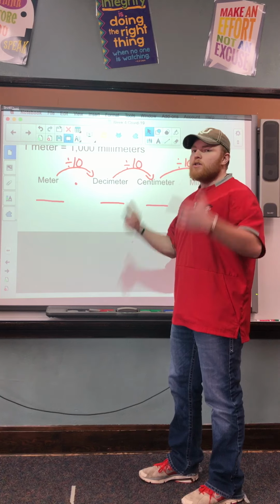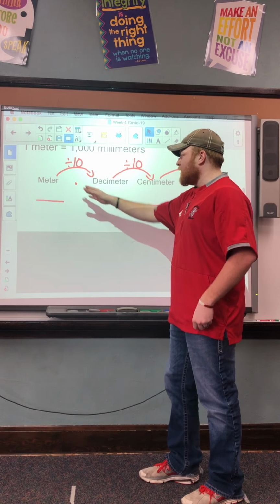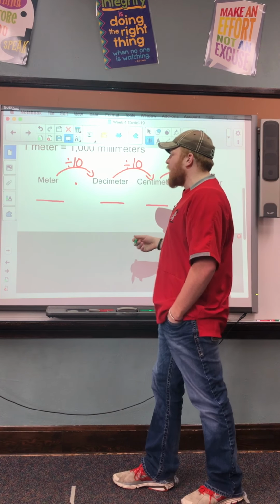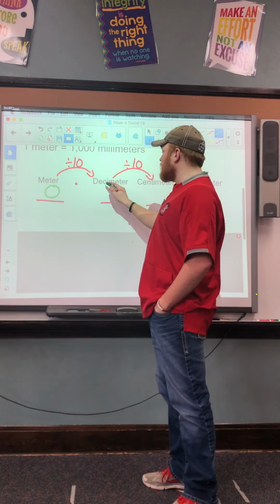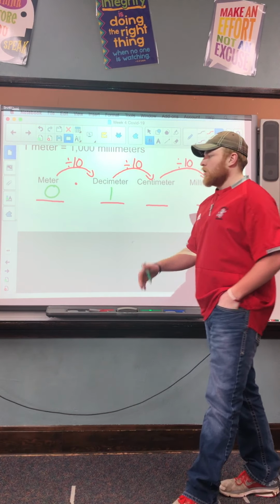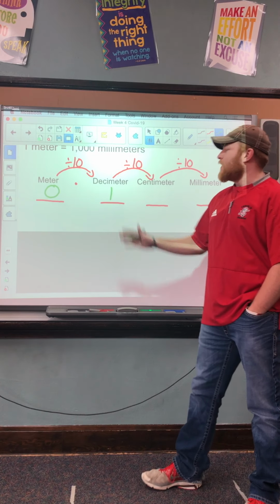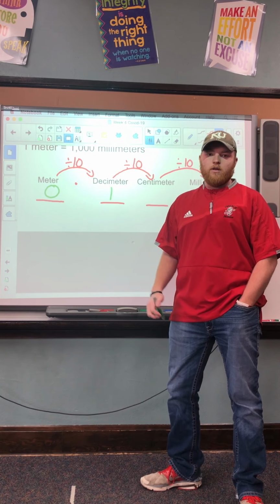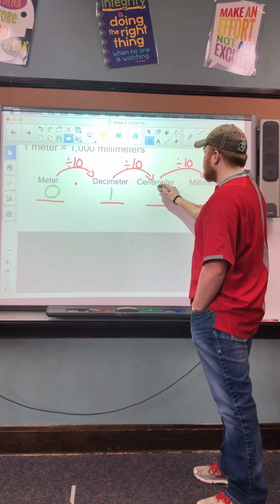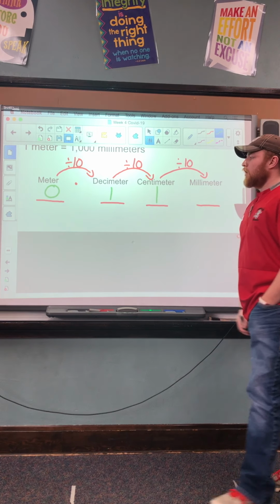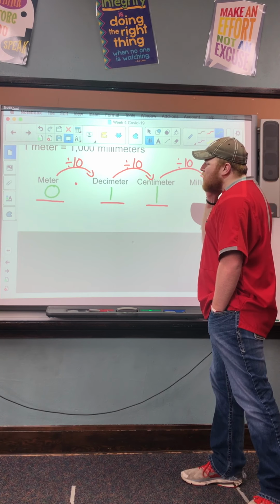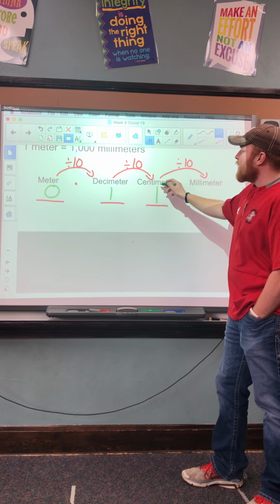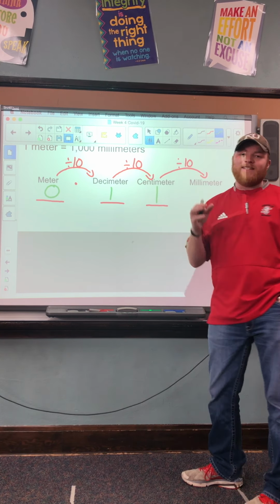So you always know each spot in the decimal place. Say we don't have a whole meter, we have 0.1 or 0 and 1/10 meter. That's 1 decimeter. Say we have 11 hundredths of a meter. The hundredths place represents the centimeter.